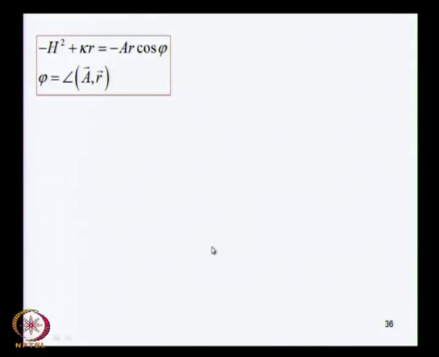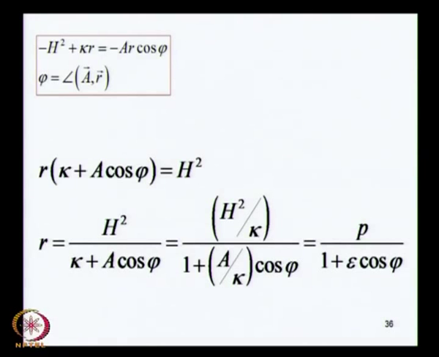Now if you look at this equation, this already gives us the orbit equation, because it tells you the relationship between r and phi, which is what an orbit equation is, and some of you will recognize what this equation is, but we will rewrite this in a form which is more familiar to us. So we will just carry out some transformations. I take r common between this term and this term and bring h squared to the other side of the equation.